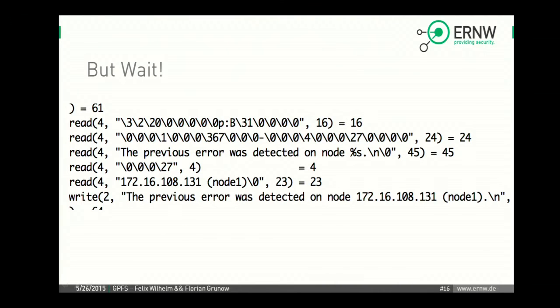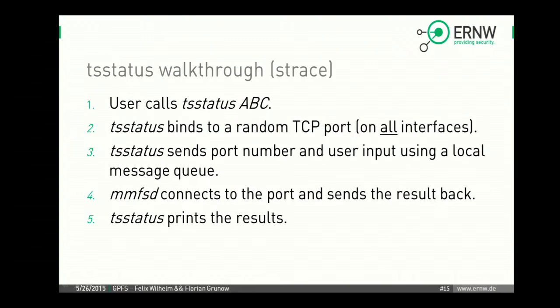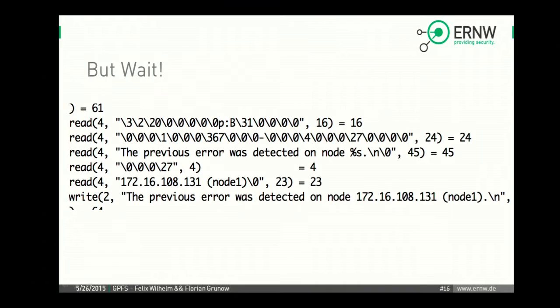Okay, but wait. While analyzing this behavior, especially the part where the MMFSD is connecting to the port of tsstatus and sending back the result, we were encountering this. Now, if you look closely, this is again an strace output. You see a read here, which is coming over the network. So this is data that is coming over the network. And then you see a write here, which is the error message that is printed out by tsstatus.